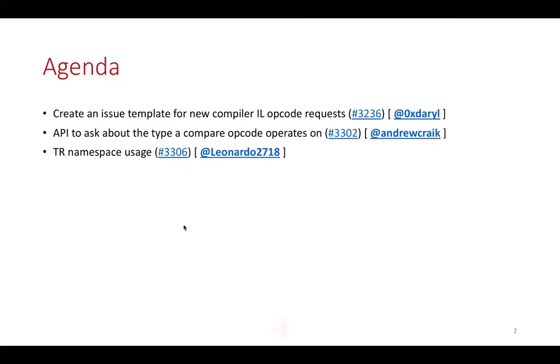OMR 2. So when I was considering this, what I was imagining is we would not actually be replacing the TR namespace, because the TR namespace is not just used by the OMR project, it's also used by downstream projects.